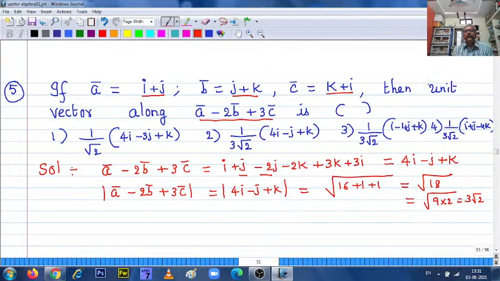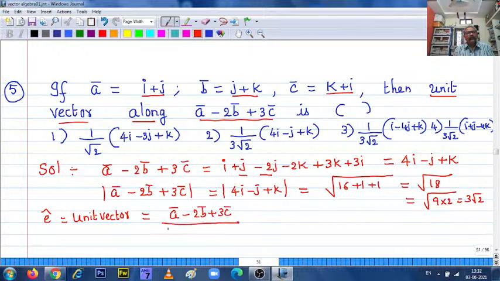Now we need to find out unit vector along. Along means same direction, not opposite direction. Okay, that means now unit vector, that you can write e cap also equals to a bar minus 2b bar plus 3c bar upon modulus of a bar minus 2b bar plus 3c bar.